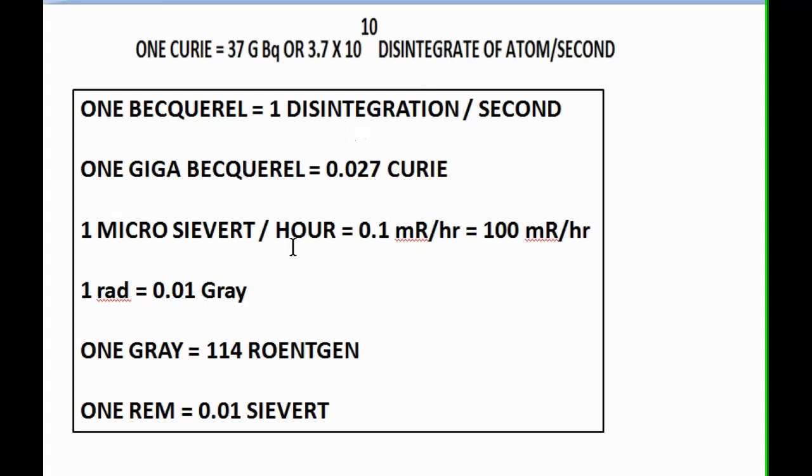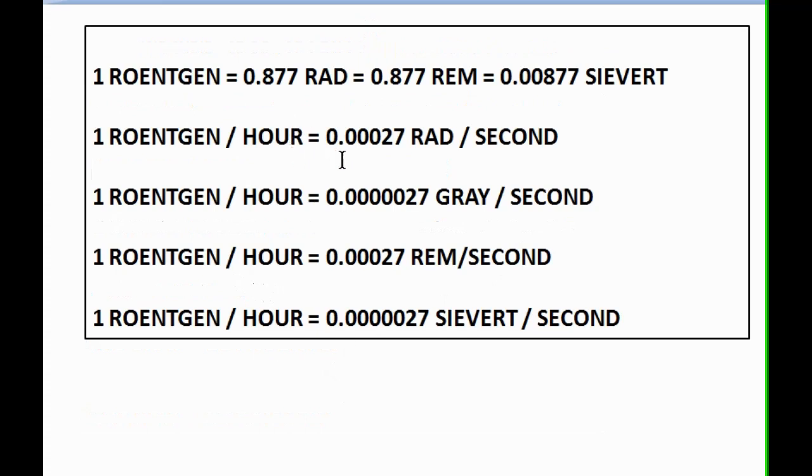Also 1 rad is equal to 0.01 gray, please note it. 1 Roentgen per hour is 0.00027 rad per second. Please pause and note it.